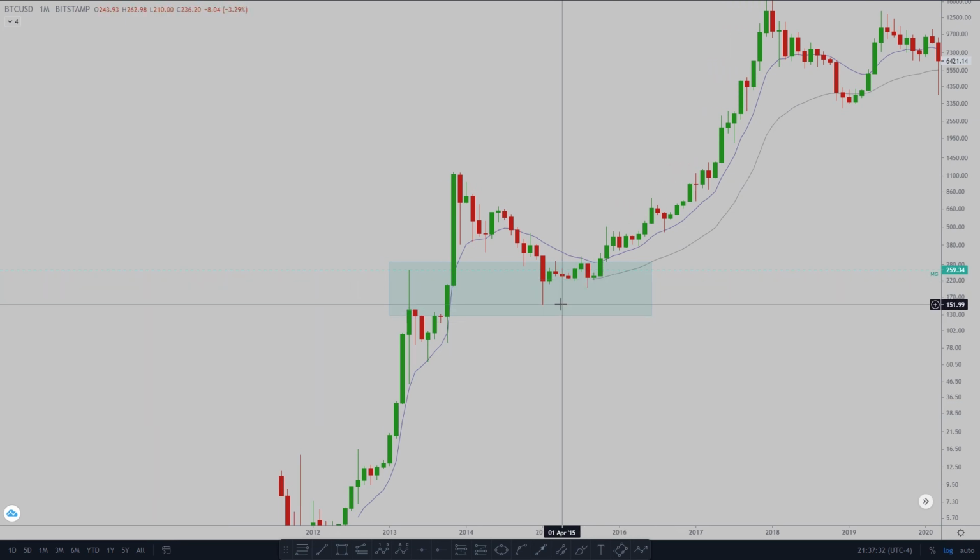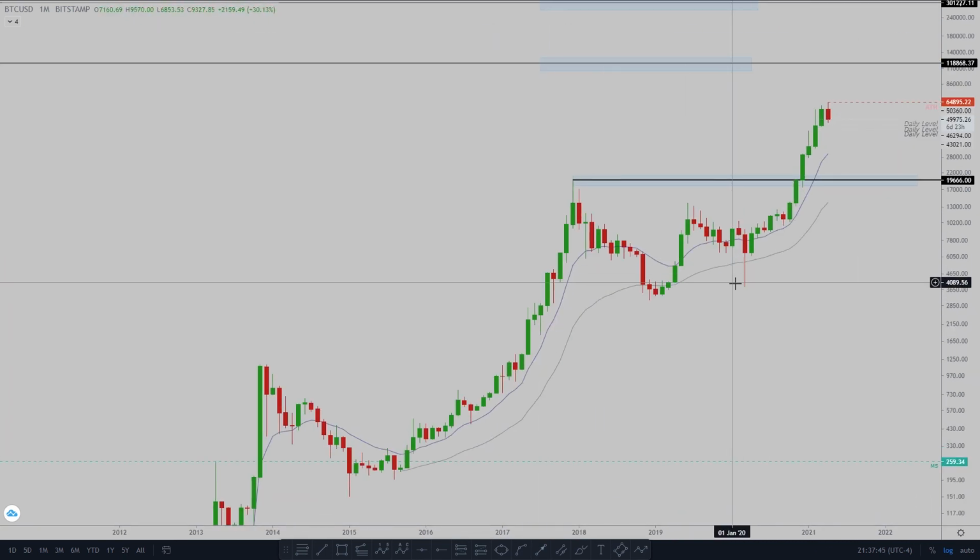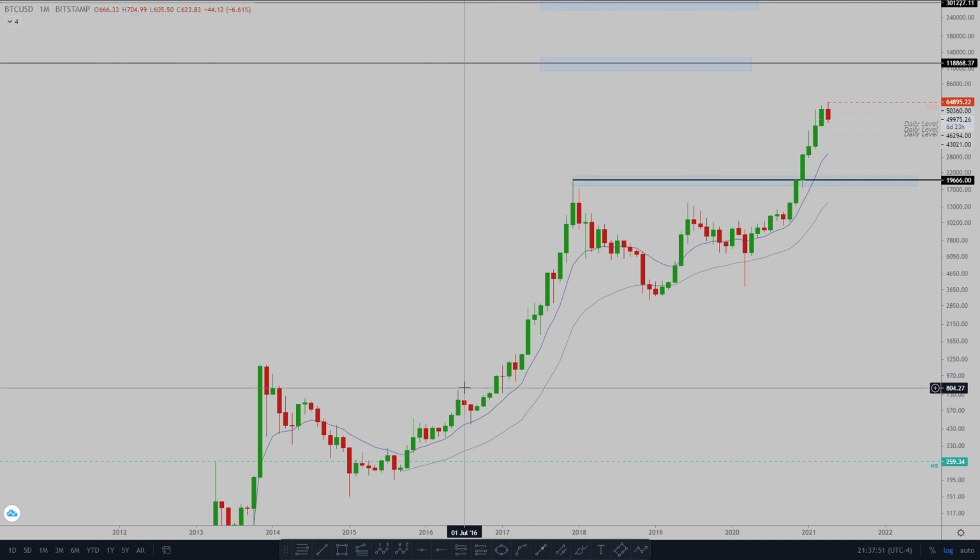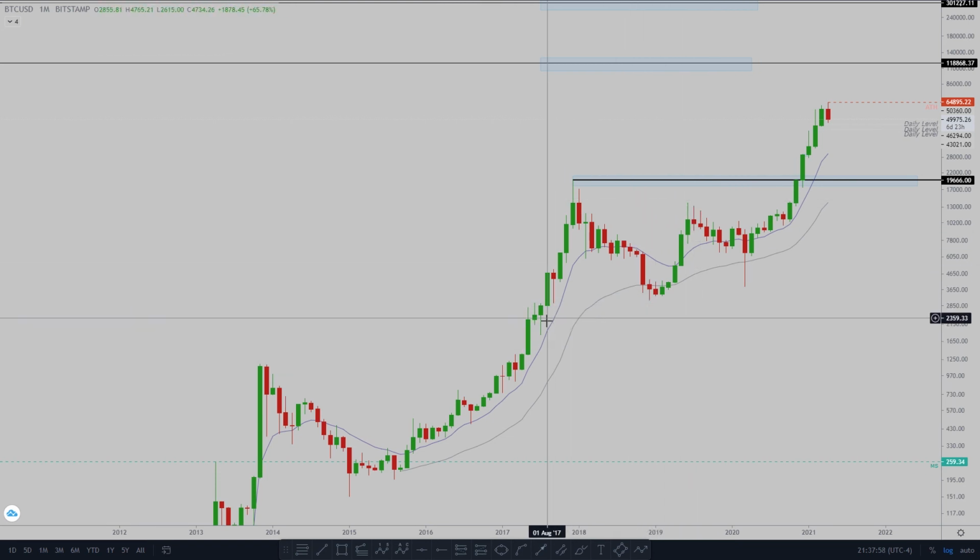So we gotta pay attention to the rejections. For example, this wick right here already showed that there's a lot of buying pressure. Now we're still bullish because of this wick on the monthly. The monthly wicks are very important. As you can see, monthly wick, monthly wick, monthly wick downside, monthly wick sideways, monthly wick bottom, monthly wick, bam.